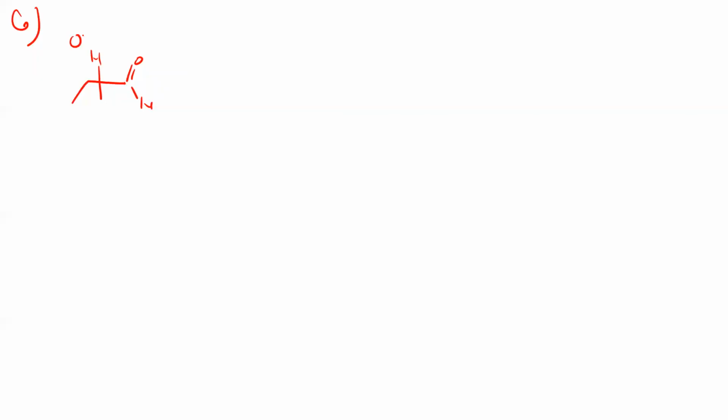We do have a base. So that's going to take a proton here. The electrons are going to move here. And once we have this, it's not the final answer, but we have a carbanion. We still have the same compound out there, right?